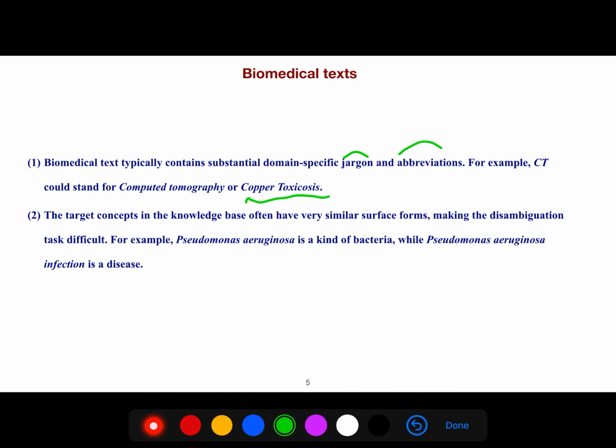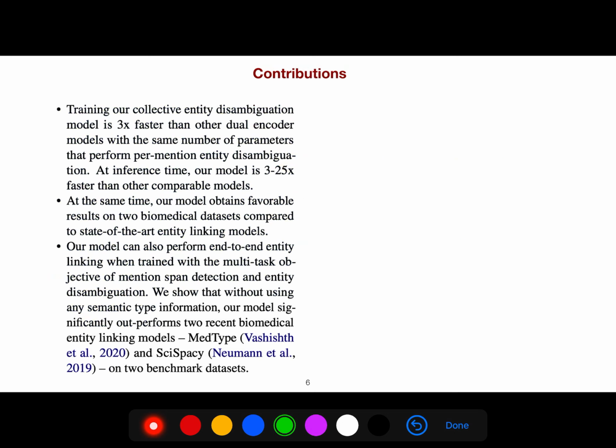Also, the target concepts in the knowledge base often have very similar surface forms, making the disambiguation task difficult. For example, this one is a kind of bacteria, but with the same surface form, adding another token, infection, it is a disease. So by adding another token, number 3, it becomes a disease. It's not a bacteria anymore. So it's very delicate, I'd say.